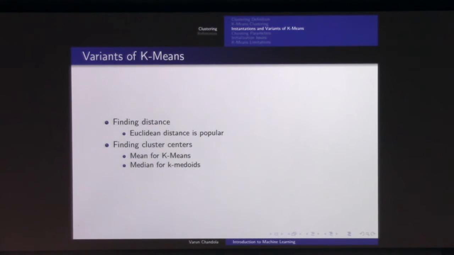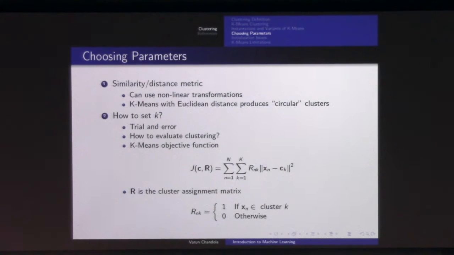In that case, it's easy to compute the medoid. Medoid is the object which is closest to all of the other objects, right? So there you could do that. So k-medoid is also an interesting algorithm in that sense. All right. So then there is another issue with k-means.